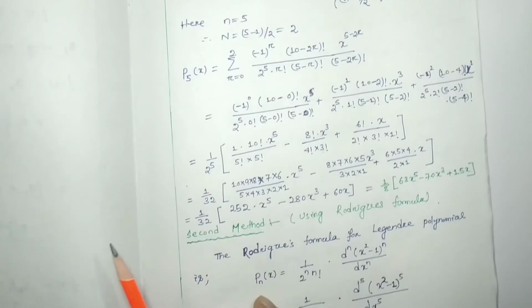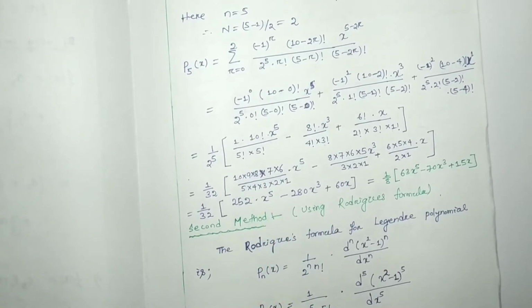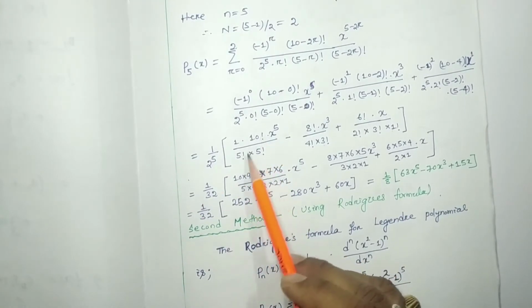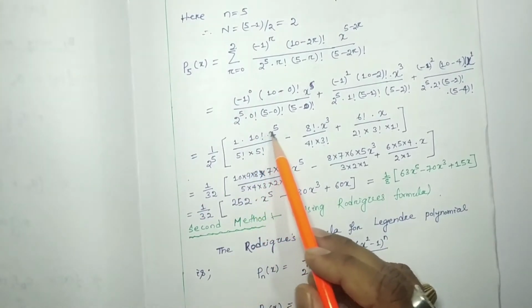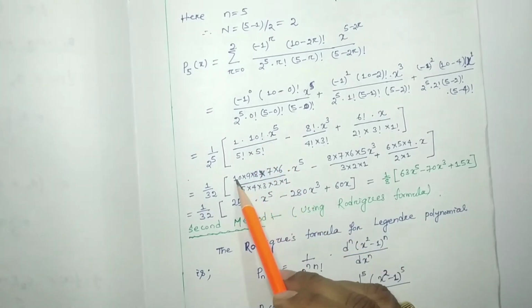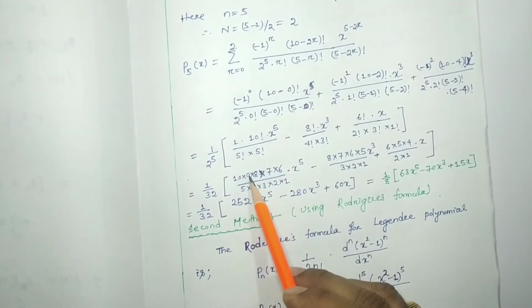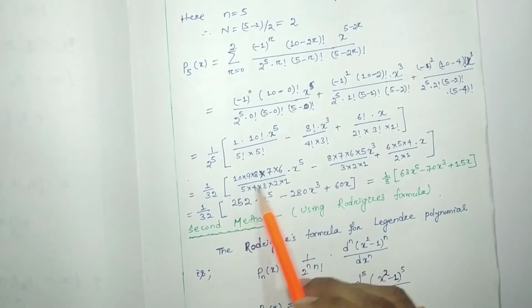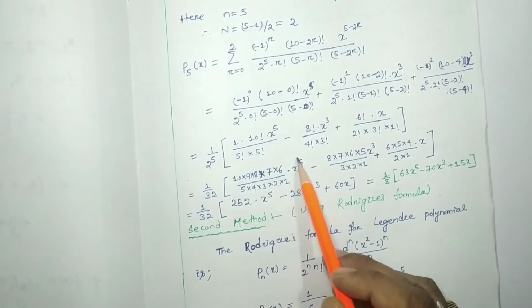Now we have to further simplify. Here the 5! in the denominator is cancelled with 10!. We get 10 into 9 into 8 into 7 into 6 divided by 5 into 4 into 3 into 2 into 1, into x^5.